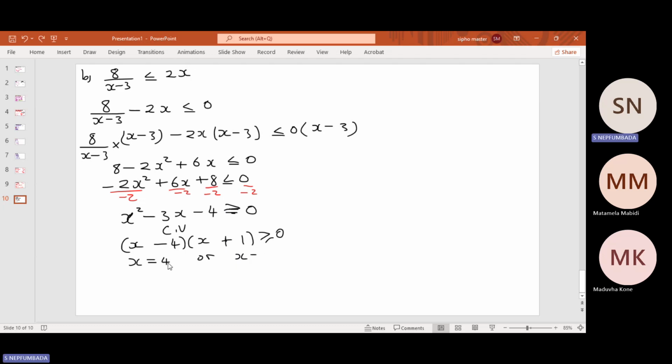Or let me say we pretend here as if we're dealing with an equal sign, x minus 4 equals 0 or x plus 1 equals 0, which means that x equals 4 or x equals -1. Then we say small number, x, big number, then we go and copy this sign. Yeah, any questions?